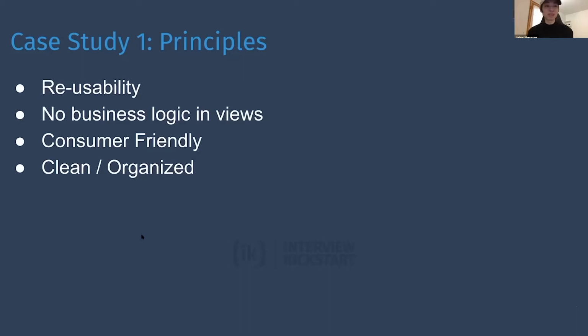We can try to keep business logic outside of the views, and then make it consumer friendly. By consumer friendly, I'm not talking about the people using the app. I'm talking about your teammates who will be using your code. Maybe you created a custom view. It should be easy for them to just instantiate the view, without too many parameters they have to worry about.